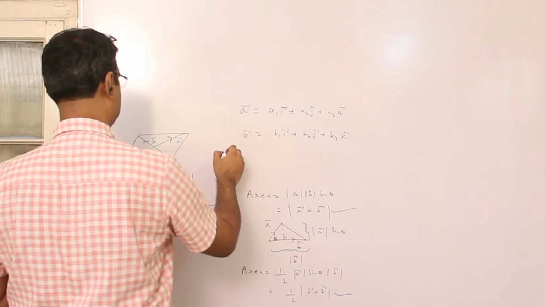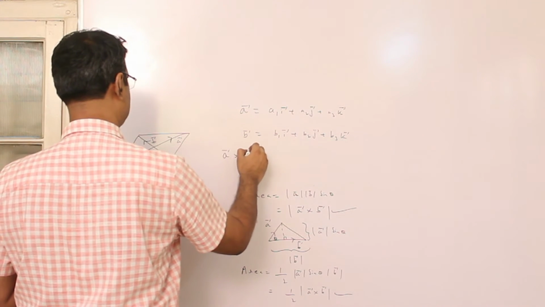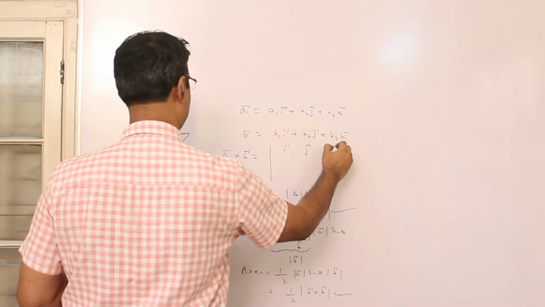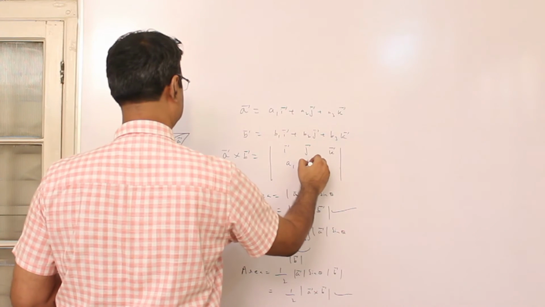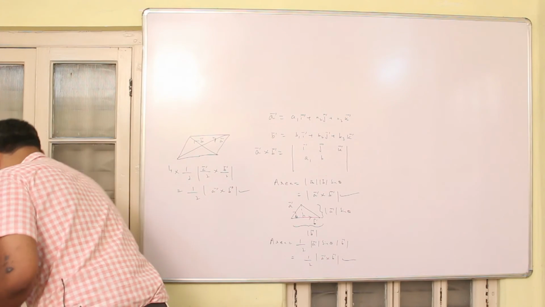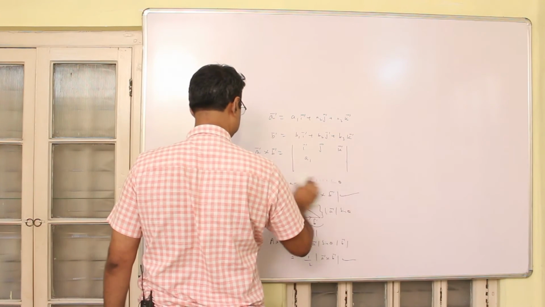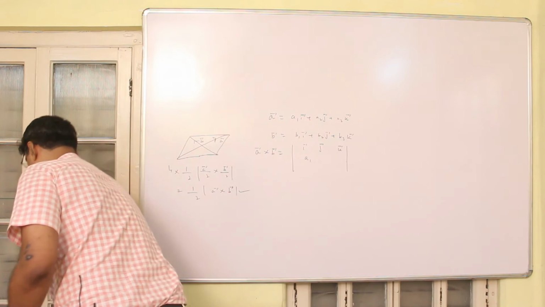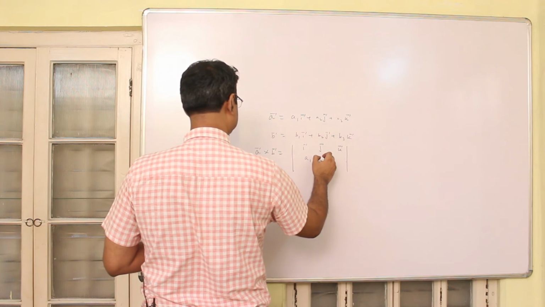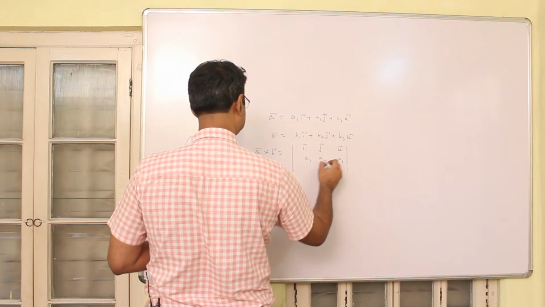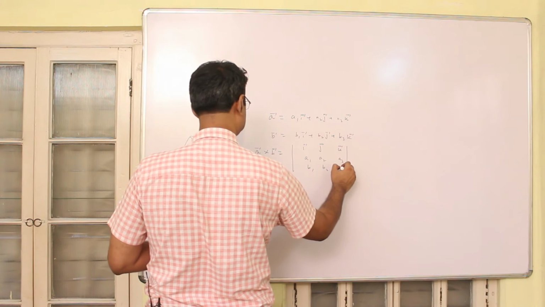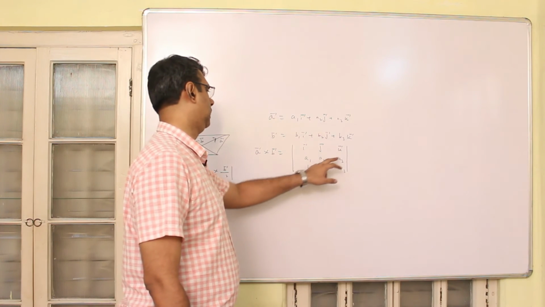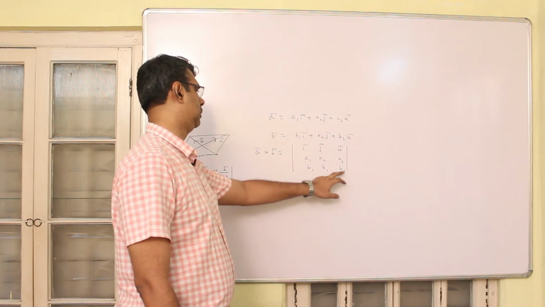In that case, the cross product is given by the determinant with rows I, J, K; A1, A2, A3; B1, B2, B3.